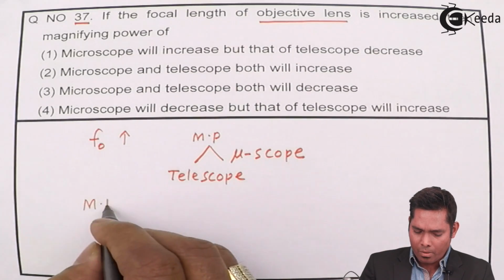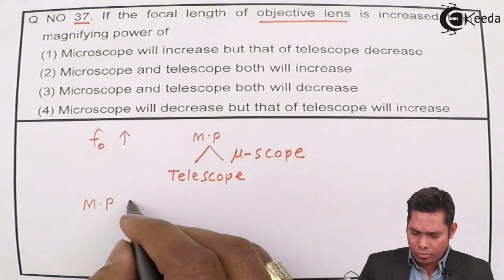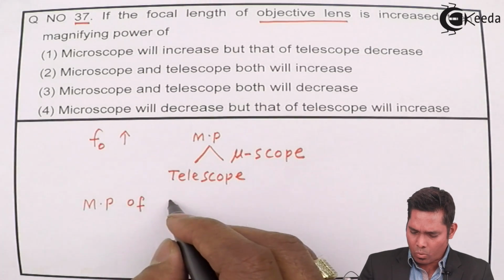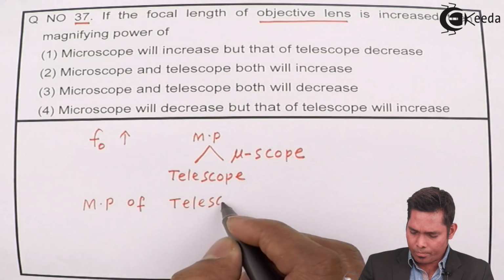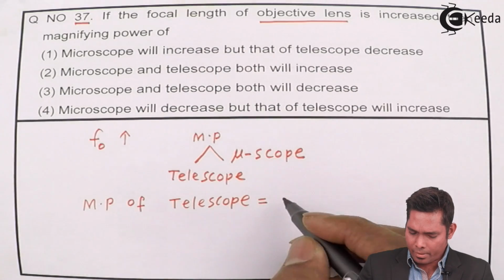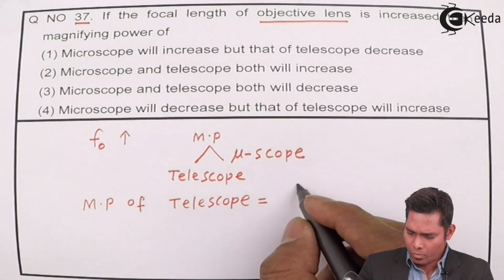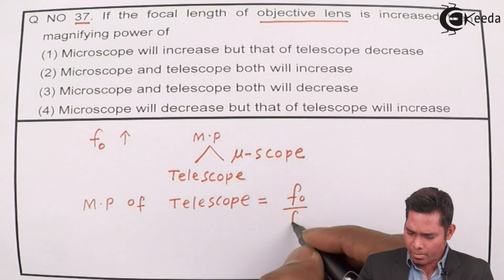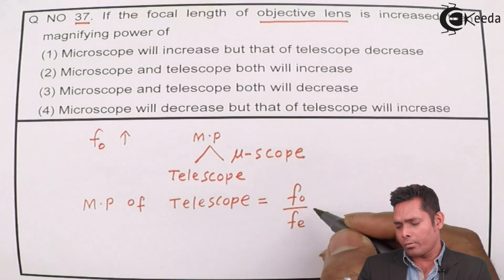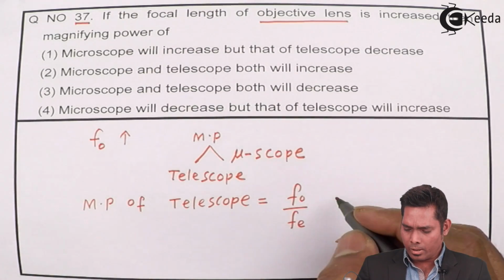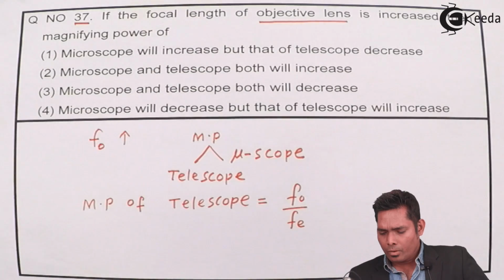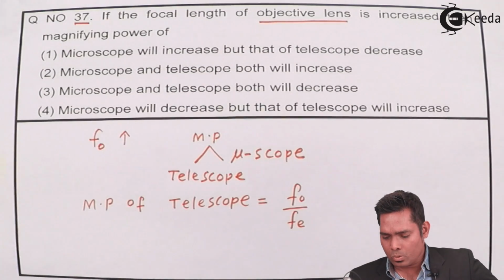The magnifying power of telescope is given by FO over FE, and this is the formula for magnifying power of telescope.